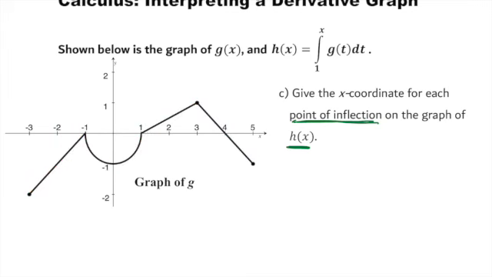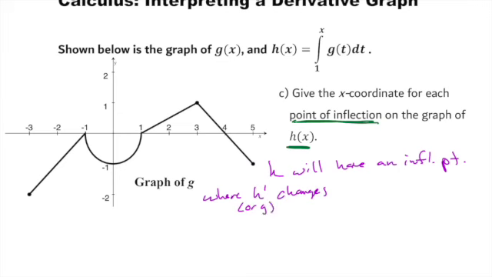I think you can kind of say this in one statement, or you can make 3 separate ones, but you're looking for where h will have a point of inflection, or an inflection point, where h prime, again, or g, if you want to cement that connection, changes from increasing to decreasing, or vice versa.